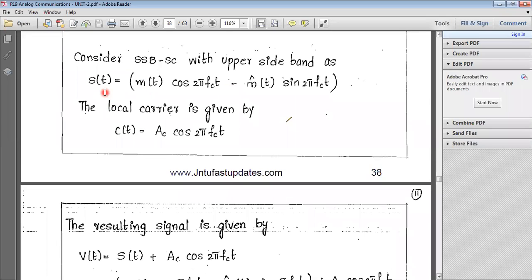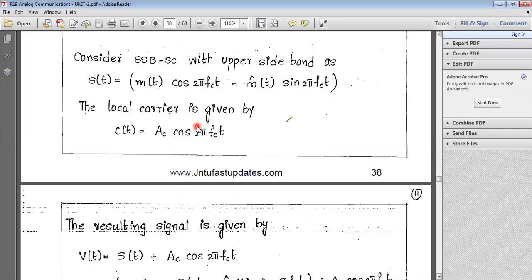Take the SSB wave; already I told you another name is SSB with suppressed carrier, which can be written as SSB-SC, that is single side band with suppressed carrier. Therefore S of t equals m of t cos 2 pi fct minus m cap of t sin 2 pi fct. This is the upper side band. If you consider the lower side band, the sign becomes plus.